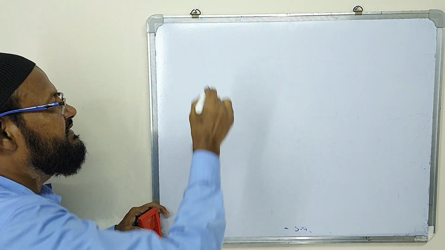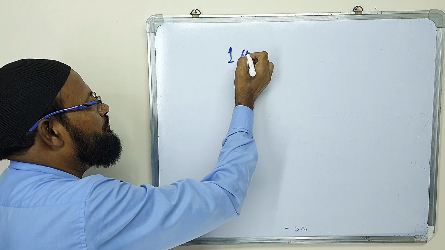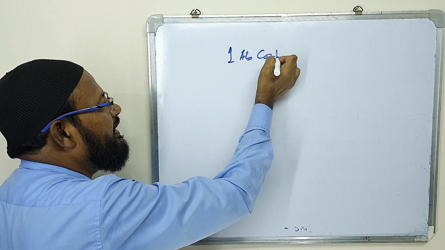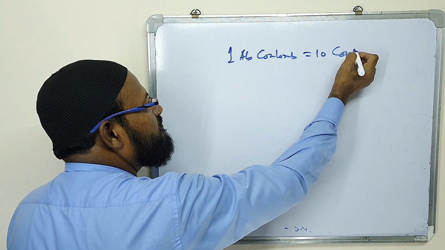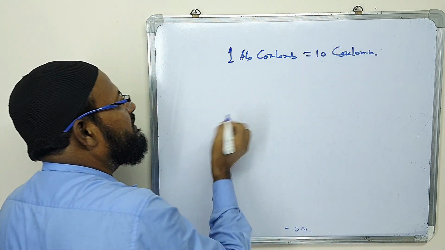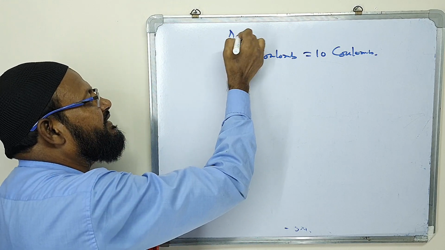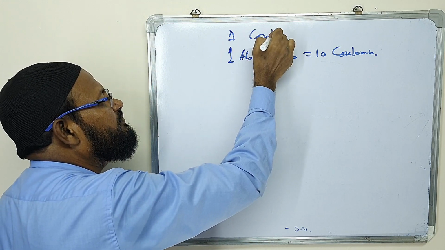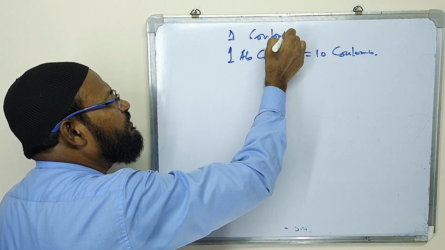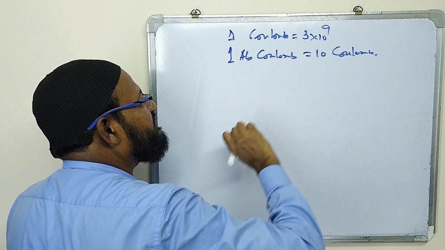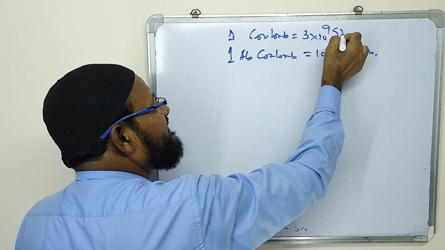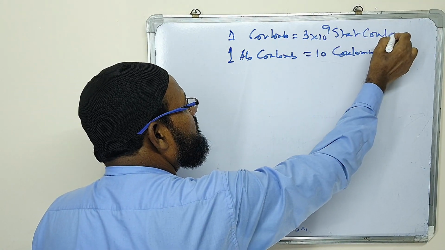Again see, 1 ab coulomb is directly 10 coulomb. This is one rule. Before that, 1 coulomb equal to 3 into 10 to the power 9 stat coulomb.